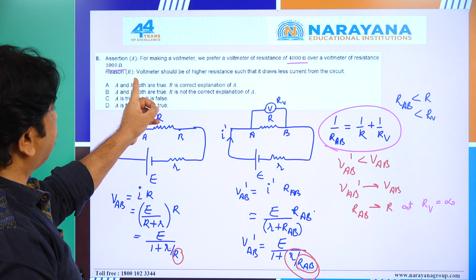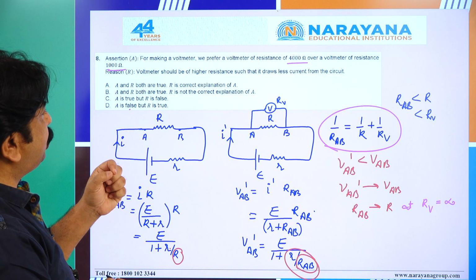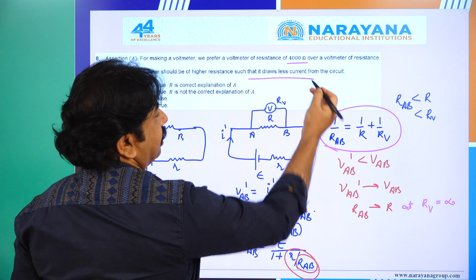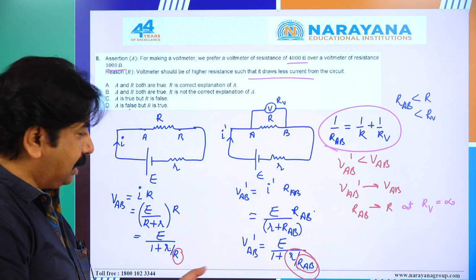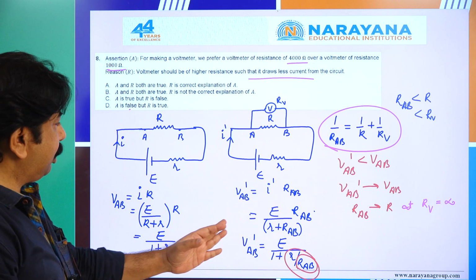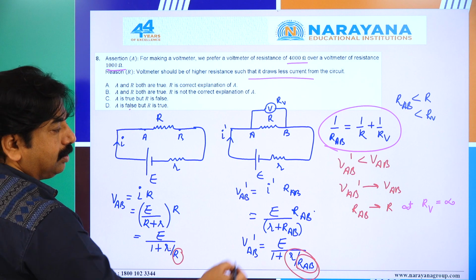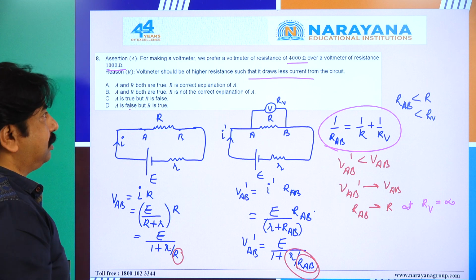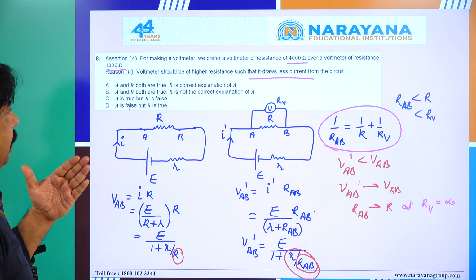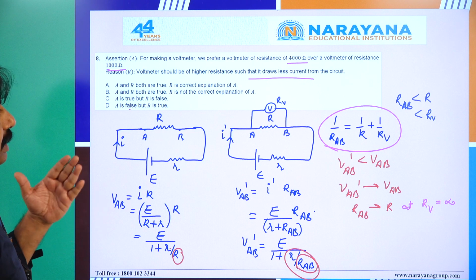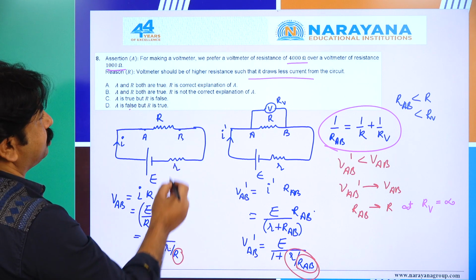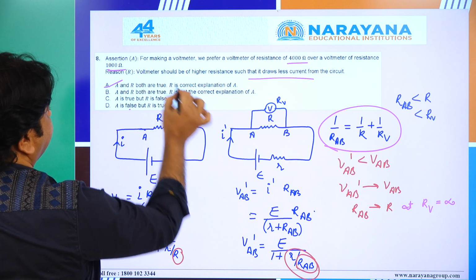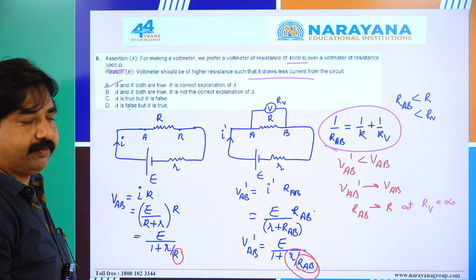A voltmeter should have higher resistance such that it draws less current. As this one is higher, automatically the current drawn is very small. That is also the correct reason. So A and R are both true and R is the correct explanation of A. That's the answer for this question.